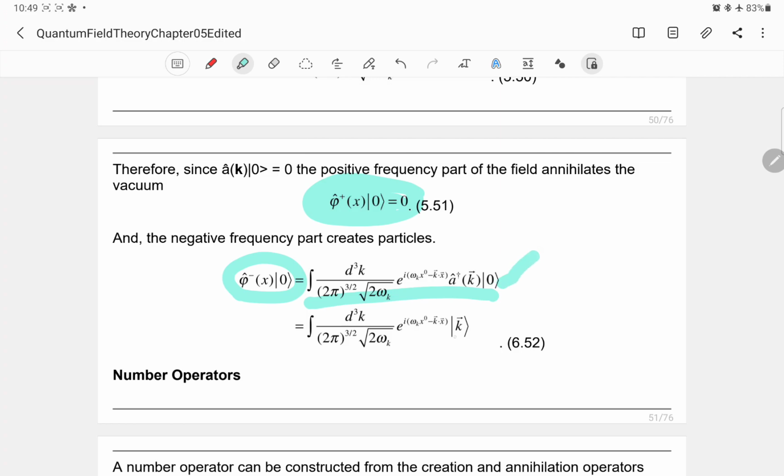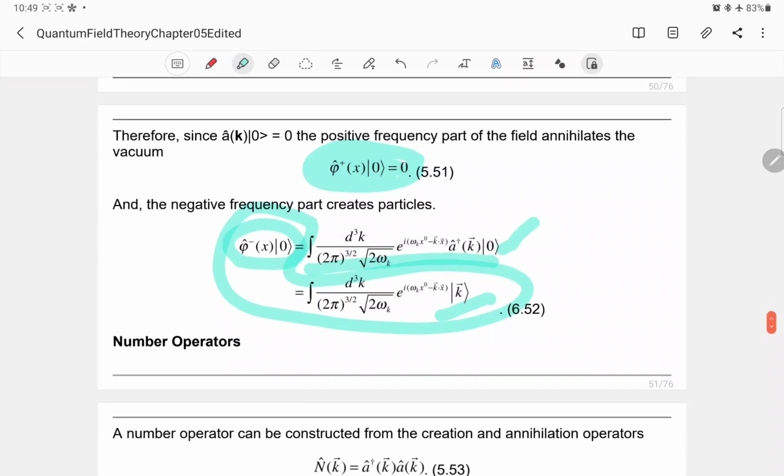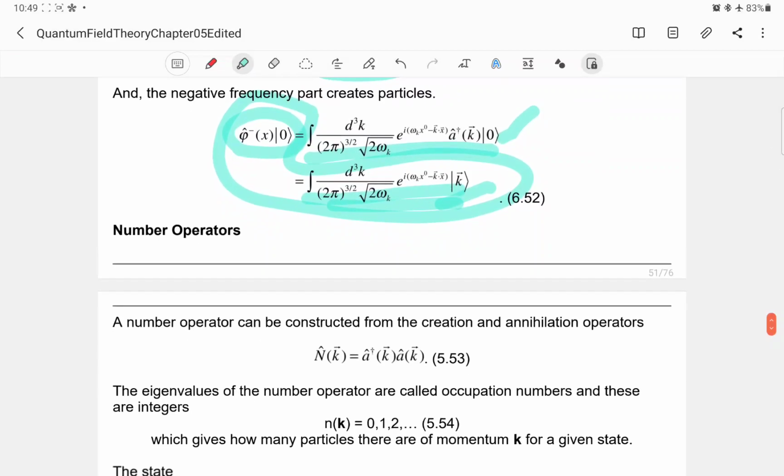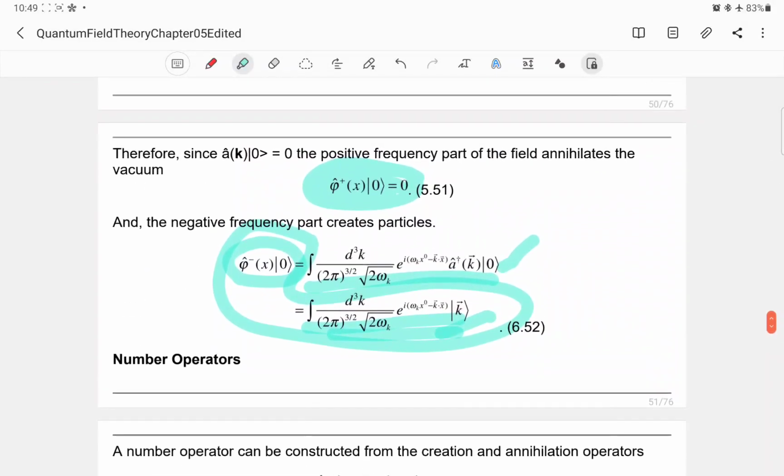So you create one particle with momentum k. So this is now your negative frequency part of your field operator, and this is the result of that. So I hope you are already familiarized with how to operate your phi on the state.